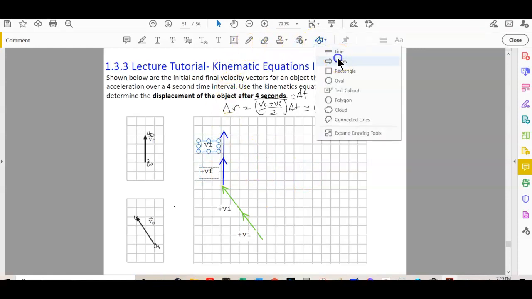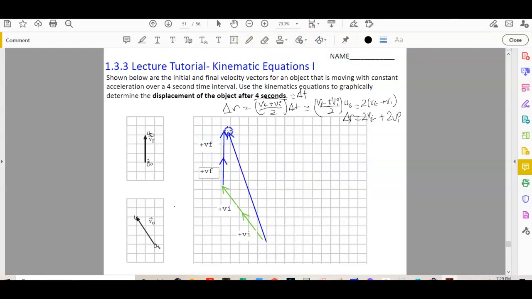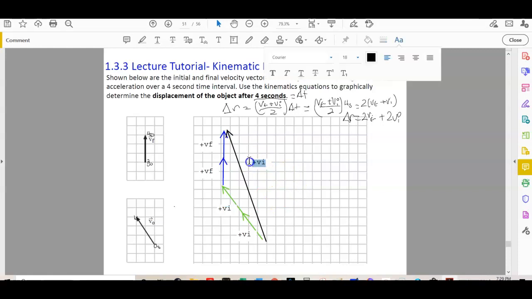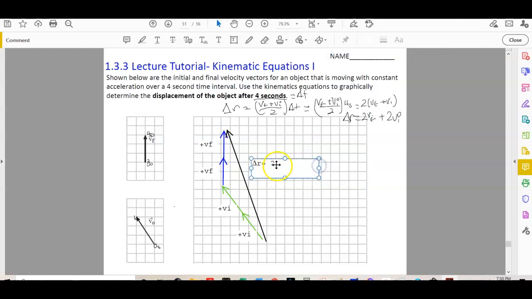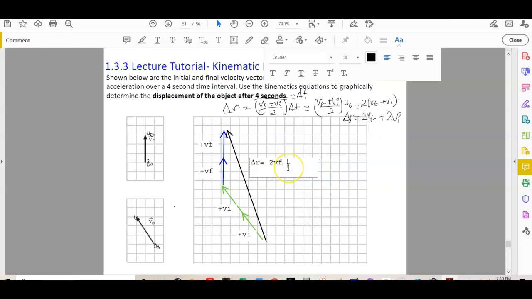So by doing this, we could see that our total displacement vector over this entire period of time, which is delta r, is equal to 2v final plus 2v initial.